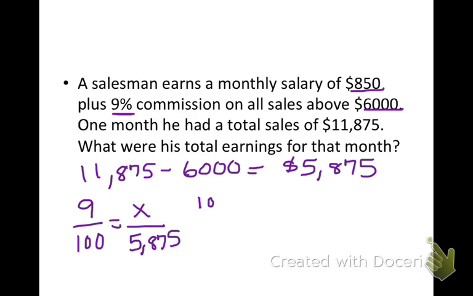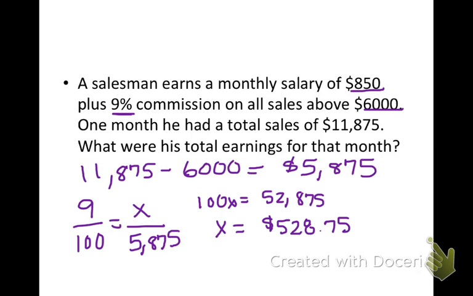So your 100x is equal to 52,875. So his commission income would be $528.75. So they want to know his total earnings.